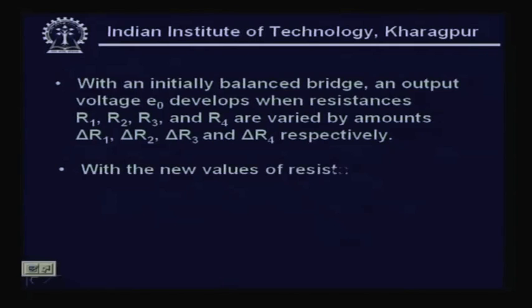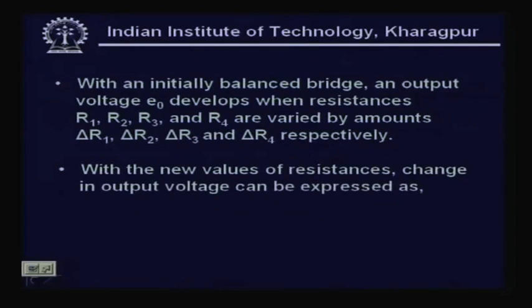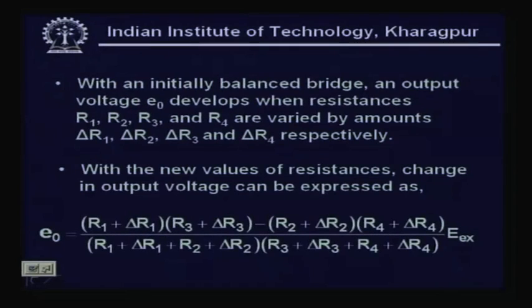With the new values of the resistances, the change in output voltage can be expressed as E0 equal to (R1 plus delta R1)(R3 plus delta R3) minus (R2 plus delta R2)(R4 plus delta R4), upon (R1 plus delta R1 plus R2 plus delta R2) multiplied by (R3 plus delta R3 plus R4 plus delta R4), whole multiplied by the excitation voltage E_ex.